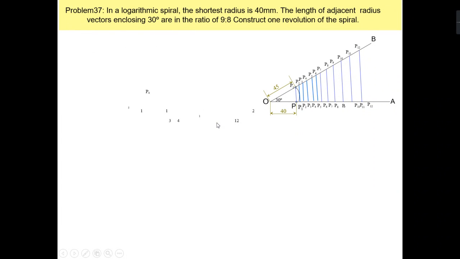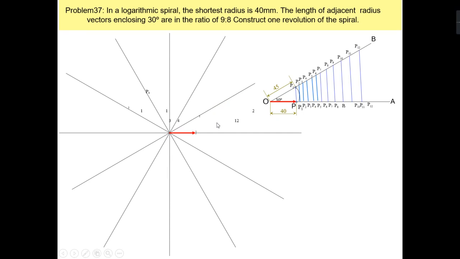After constructing the logarithmic scale, you first have to draw the circle and divide it into 12 equal parts, or you can also draw 12 lines having an angle of 30 degrees with respect to each other.